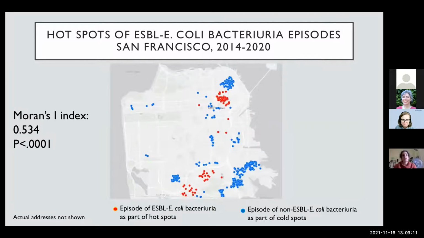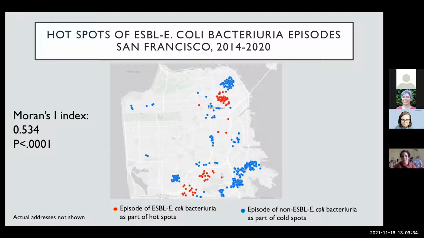And when we looked at both, the Moran's I index that I'm showing here is actually the global Moran's I index, and we tried to identify hotspots. So here, I want to be mindful to mention that we're looking at bacteria episodes, and so there may be multiple individuals represented multiple times, okay?